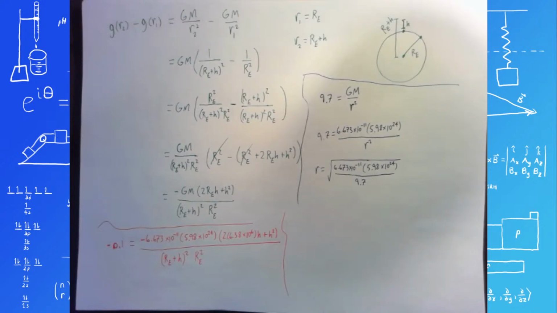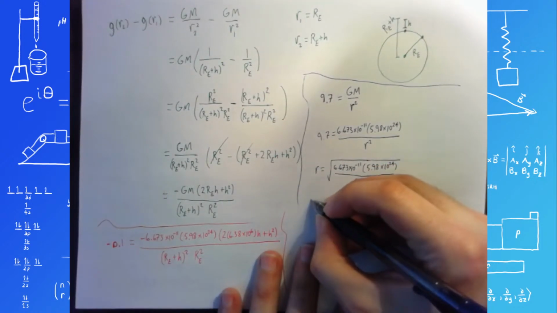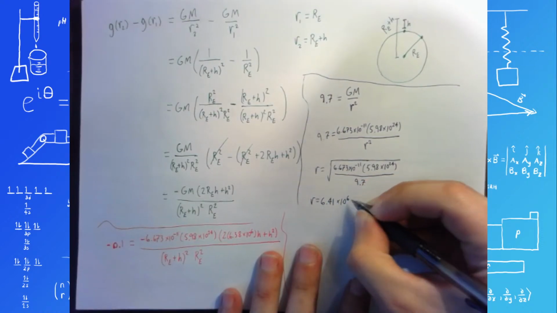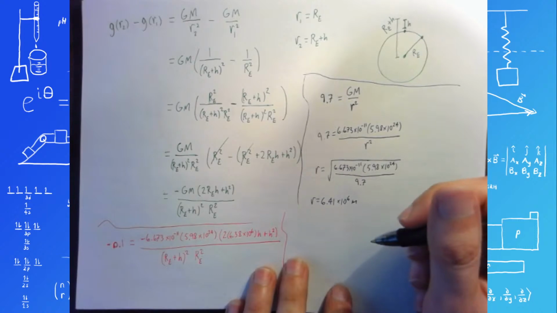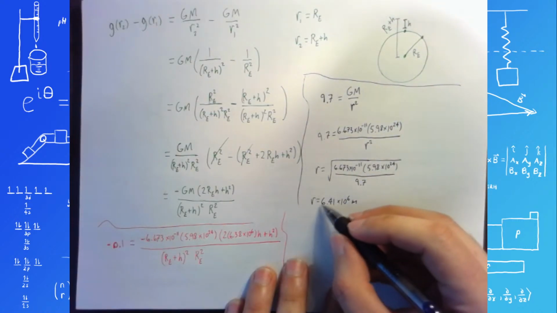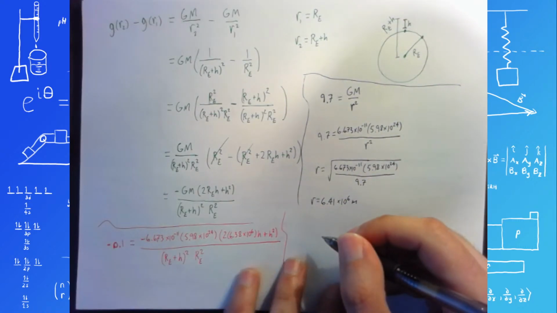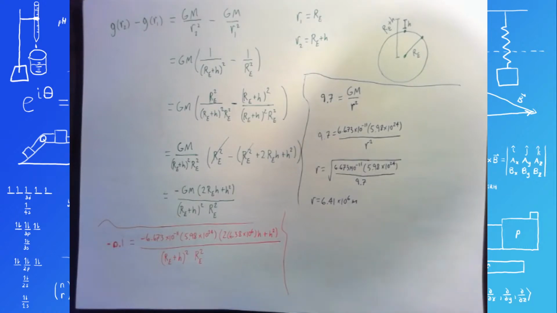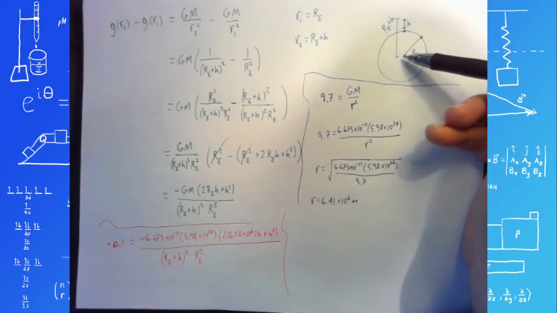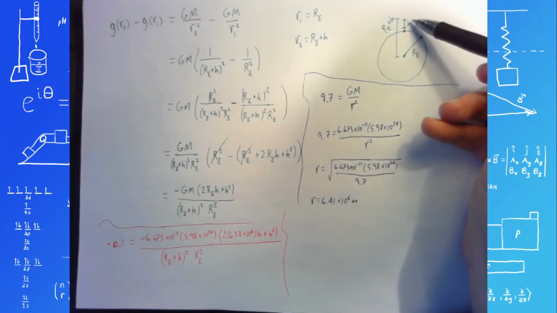I'm going to say 6.41 times 10 to the 6. So r equals 6.41 times 10 to the 6 meters. Now, if I compare that to the radius of Earth, because remember, we're trying to find the altitude, H, not the distance from the center of the Earth. We're trying to find the altitude. Very common point of confusion for students here is forgetting whether the problem is asking for distance from the center of the Earth or altitude.